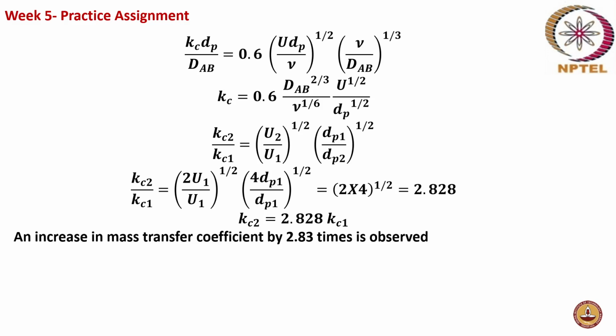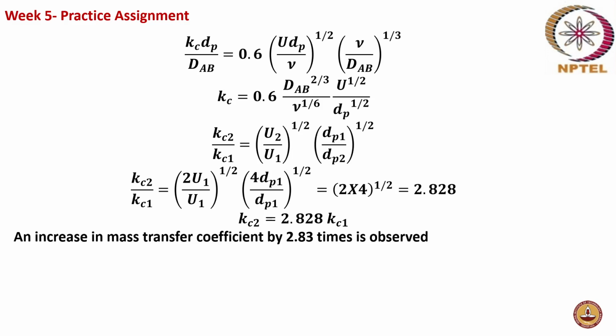Whereas if you increase the particle diameter by 2 times, then there will not be any change, because your superficial velocity is doubled, and simultaneously your diameter is also doubled. So both will cancel out each other because they are inversely related. So you will end up with no change in the mass transfer coefficient.